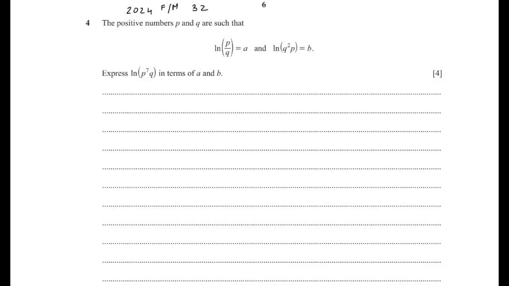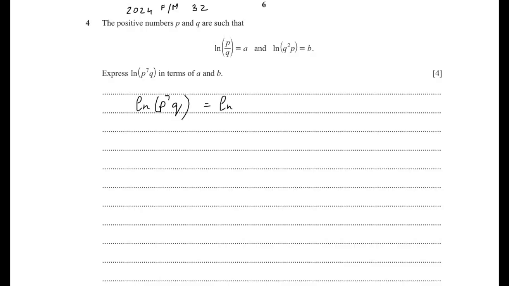Okay, so let's start with what they're asking us to find. Log p to the power of 7q. Right, so this can be written as log. We can split it up.